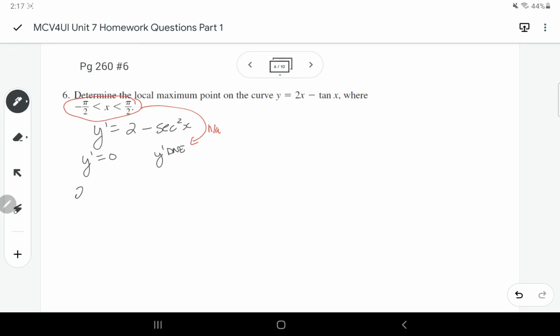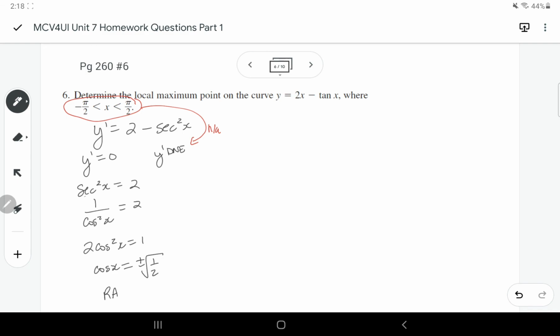So here we've got secant squared x equals 2, so 1 over cos squared x equals 2. 2 cos squared x equals 1. And cos x equals plus or minus root 1 over 2.